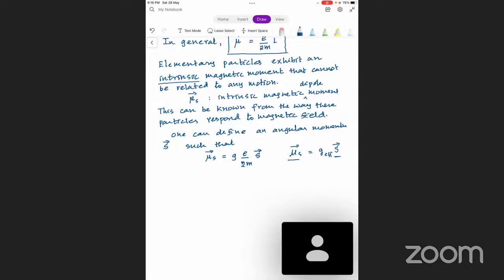Can you hear me? Sir, voice is breaking, and the screen got stuck. Can you hear me now? Yes, sir, we can hear. I think sharing the screen is taking more resources. If I share the screen with this internet connection, it is getting disconnected.